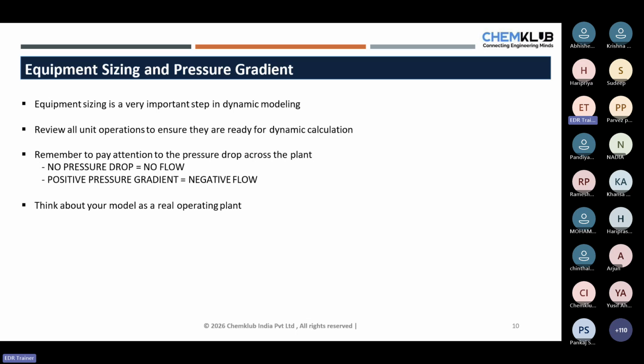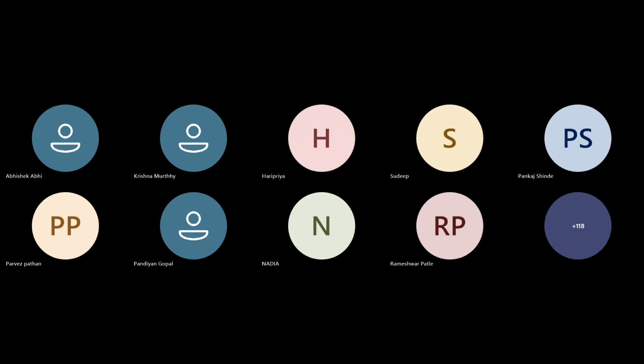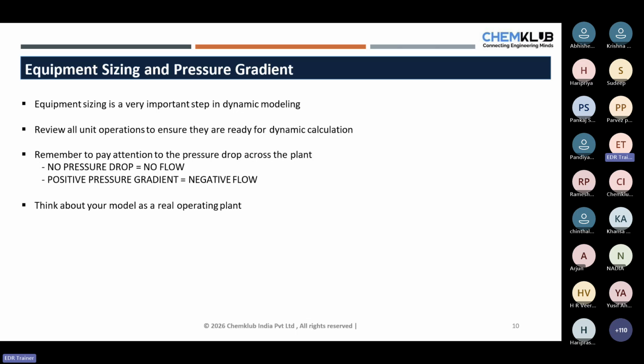So when you are having a very large volume, the dynamic system becomes less important, actually the response is very slow. So for the actual equipment sizing, whether it is a valve, sorry, the pipe, or the vessel or the column, even for that matter the heat exchanger, all these equipments will provide some volume, and the volume will tell you how fast or how slow the response is for the given change.